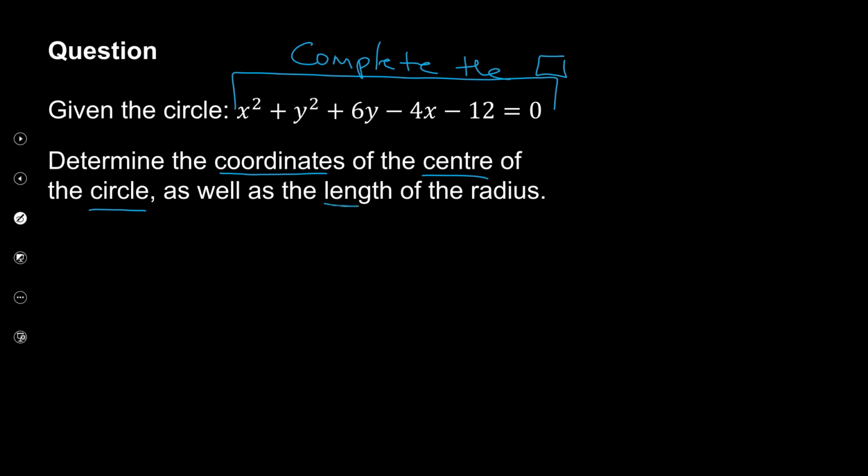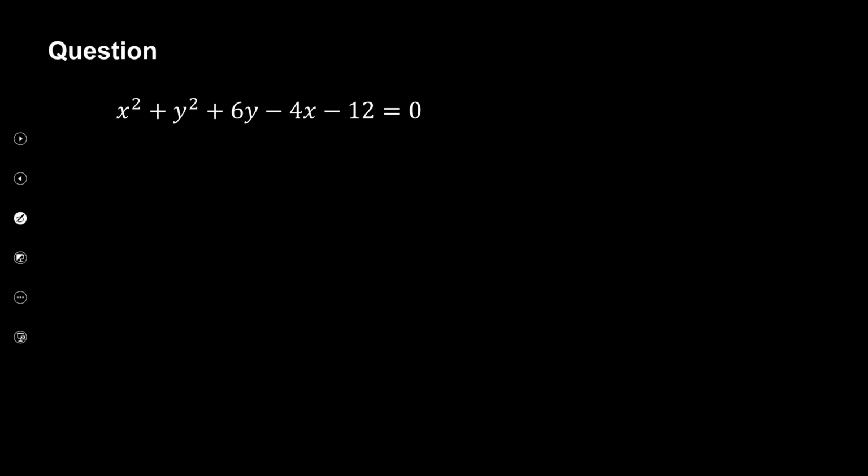That will also give us the radius eventually. We know that completing the square is always: you multiply by 1 over 2 and then you square, and you add this on both sides of the equation. That's the main concept of completing the square. Now, let's look at the equation that we are given. I'm firstly going to rearrange this.